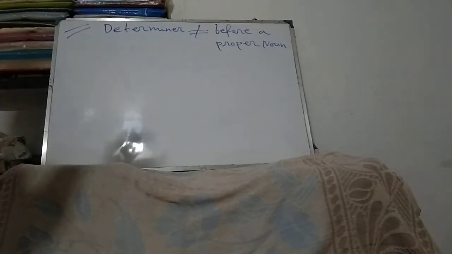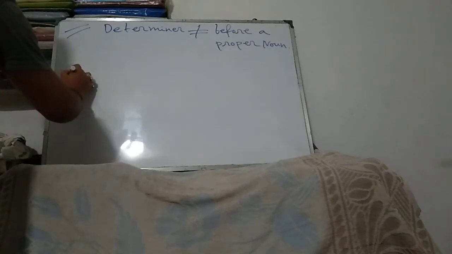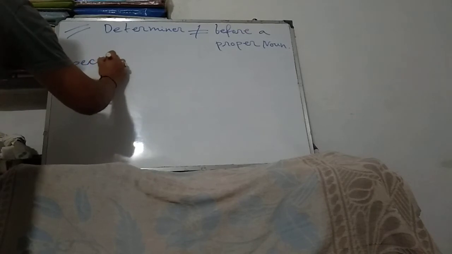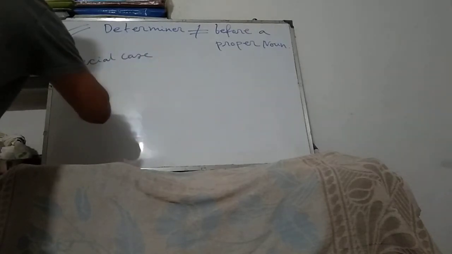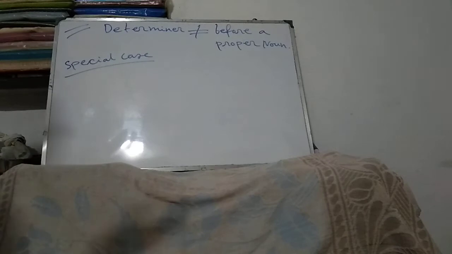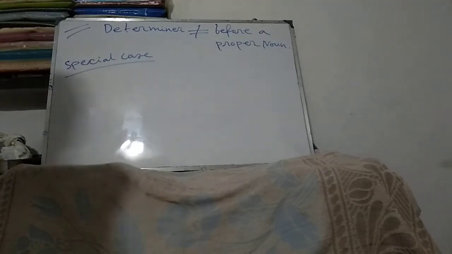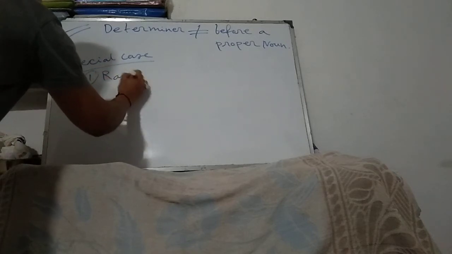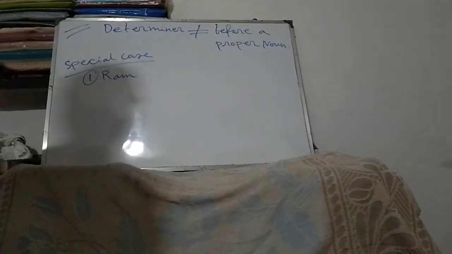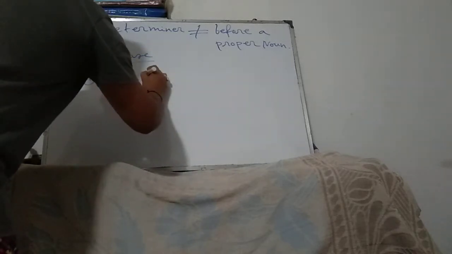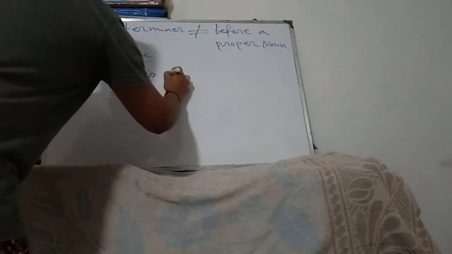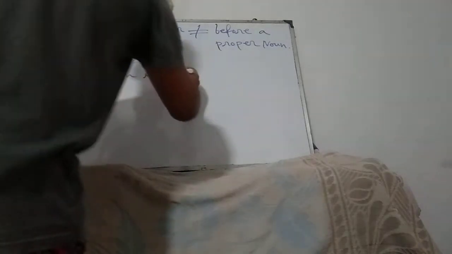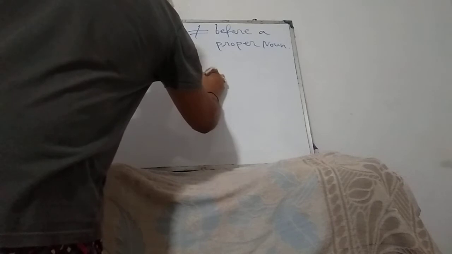I am giving one example of the special case. Special case where determiner can also be used before a proper noun. Example I am giving here. Ram is a Rabindranath.